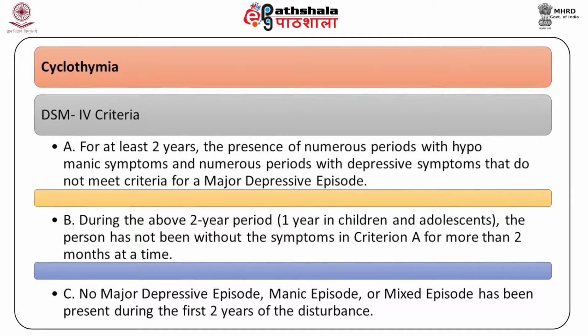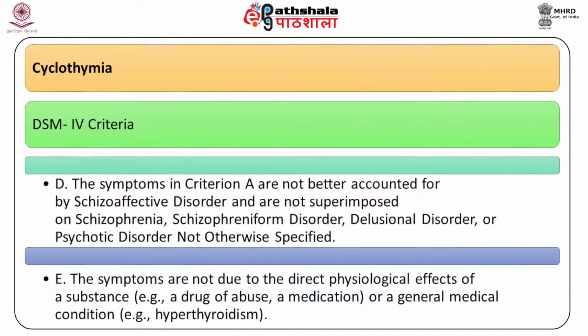For cyclothymic disorder, there may be a superimposed manic or mixed episode, in which case both bipolar 1 disorder and cyclothymic disorder may be diagnosed, or a major depressive episode, in which case both bipolar 2 disorder and cyclothymic disorder may be diagnosed. D.